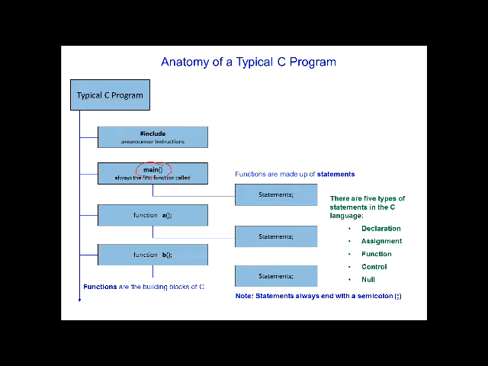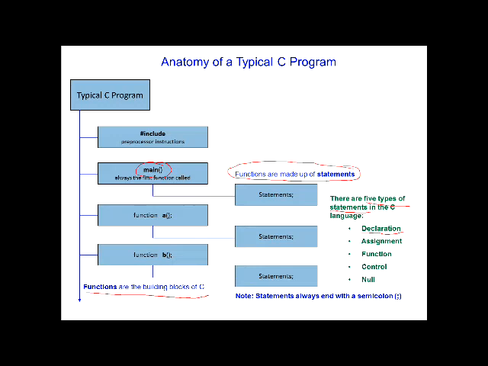Now, functions are the building blocks of C. So you're typically having functions call other functions. Functions are made up of statements, and there are 5 types of statements in C. We have a declaration, where we're saying these are the variables that I'm using.